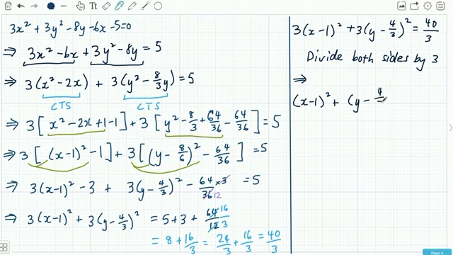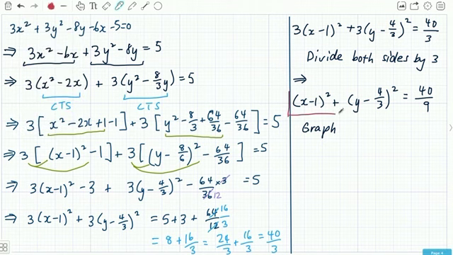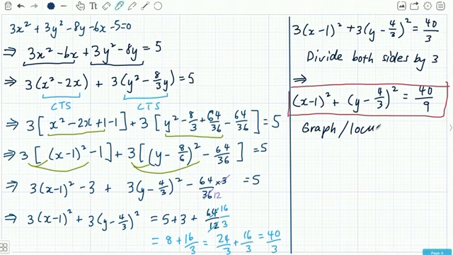So if we get rid of those 3's out the front and take them to the other side, divide underneath, what we can see here is that our graph actually becomes clear now, and this is our locus or graph, and the graph or locus is a circle.